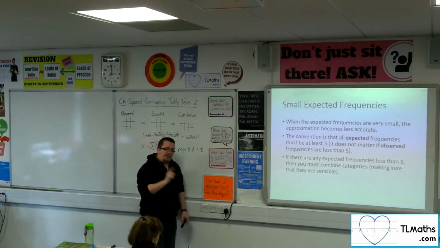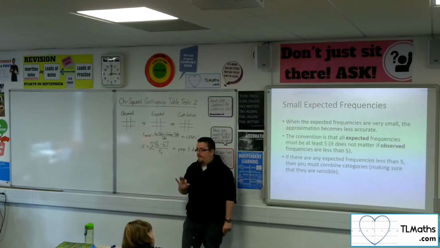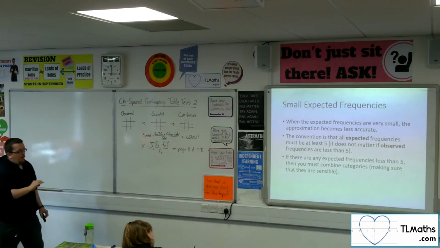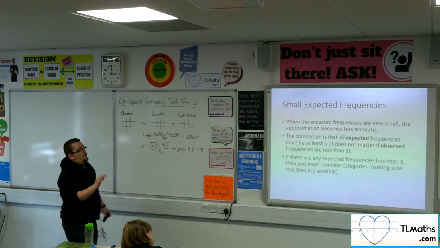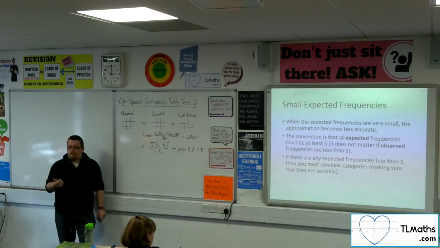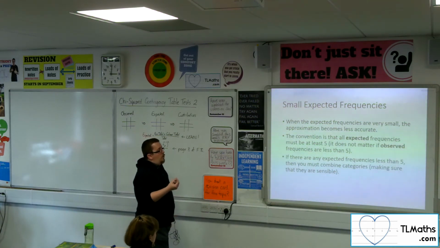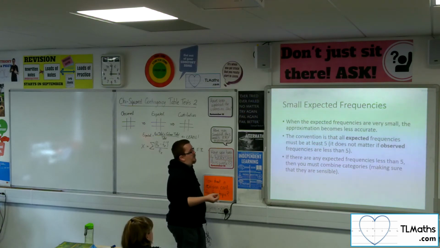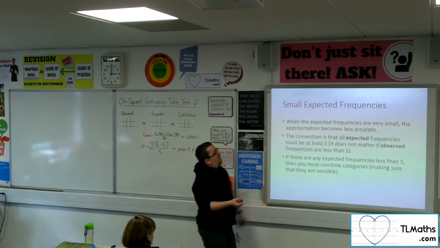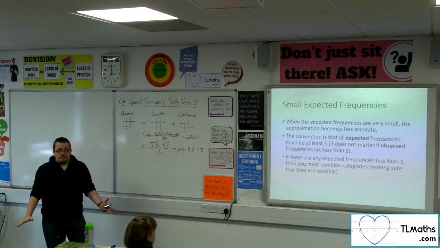It's not whether the observed frequencies are less than 5, it is just the expected frequencies. So if that happens, we must combine some categories in the table in order to deal with that. That is the go-to way of dealing with this situation. As it says, when the expected frequencies are very small, the approximation becomes less accurate.